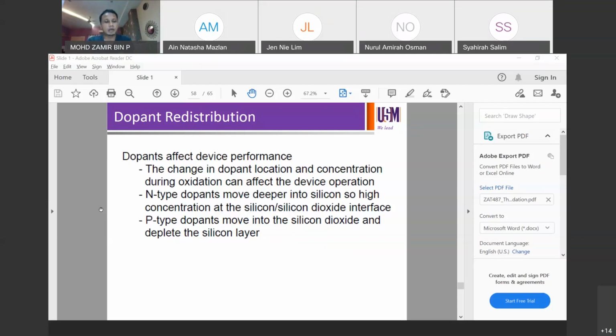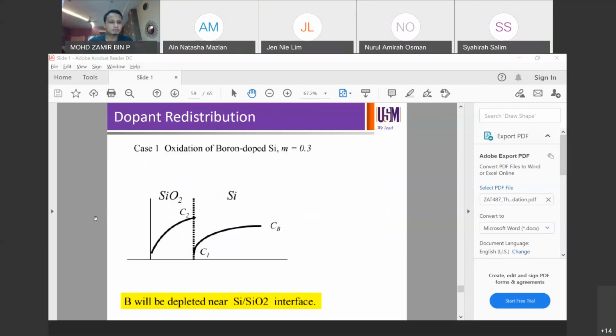On the other hand, P-type dopants move into silicon dioxide and deplete the silicon layer. P-type dopants, for example boron, tend to be depleted from the silicon into the oxide, leading to a higher concentration of the dopants in the oxide in comparison to silicon. Since silicon is lower than the oxide, you're going to have M of less than 1 for boron.